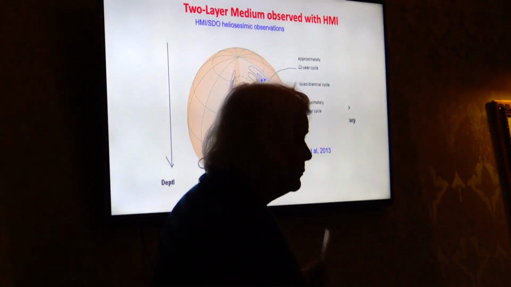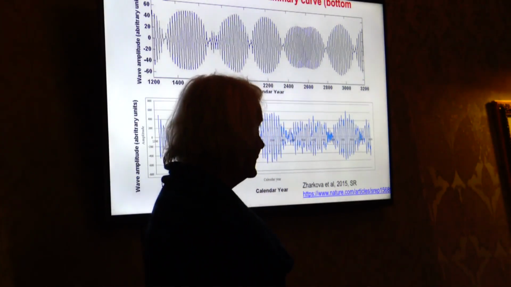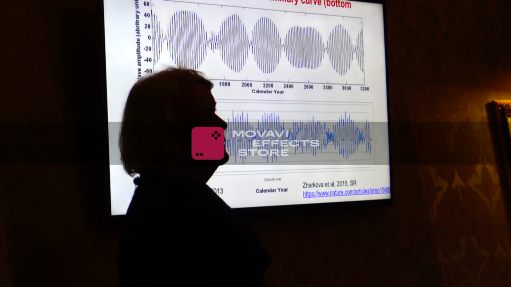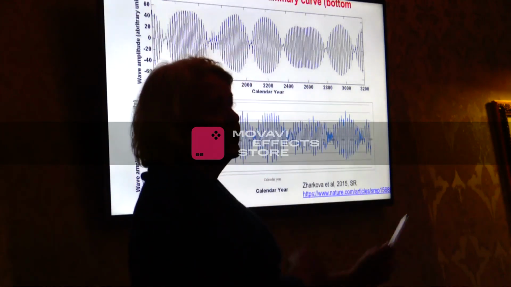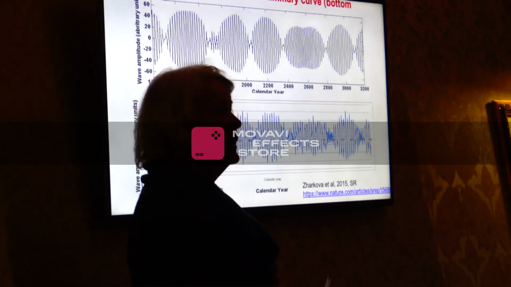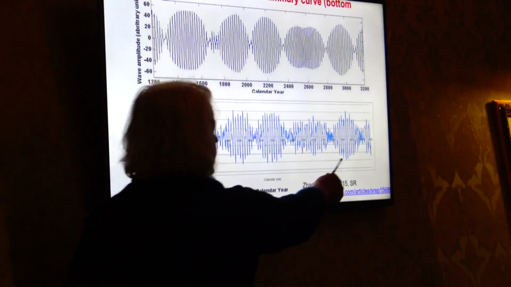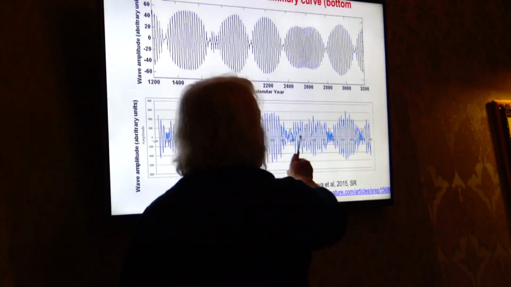And based on this, we had Elena Popova. She did her PhD on dynamo at Moscow University, and she ran the simulations of two waves, and then calculated the summary curve, trying to emulate ours. This is the observed curve from observations.